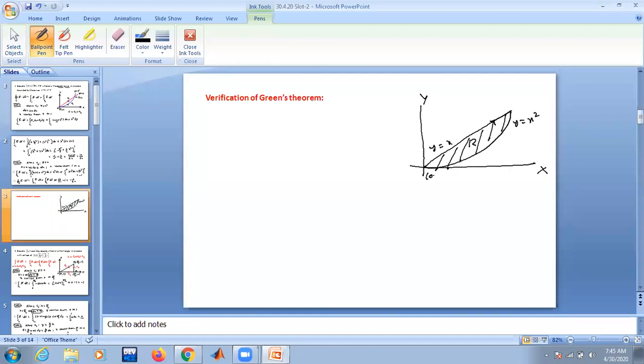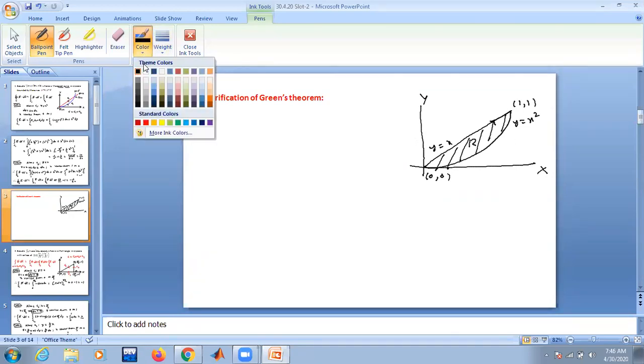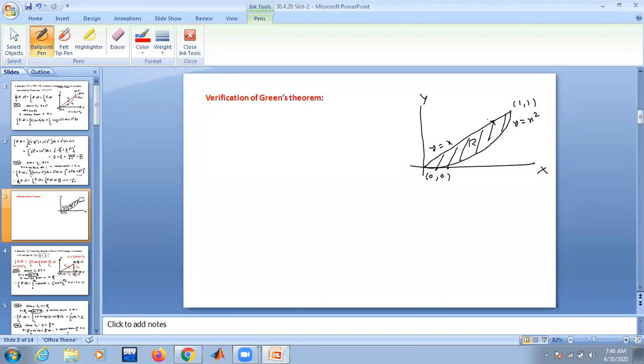The points of intersection are (0, 0) and (1, 1). So the orientation is given like this. Orientation must be along this. This is called C.